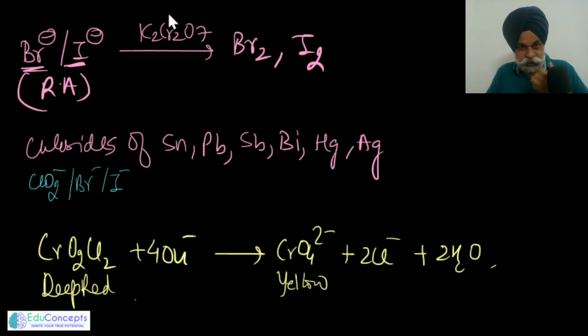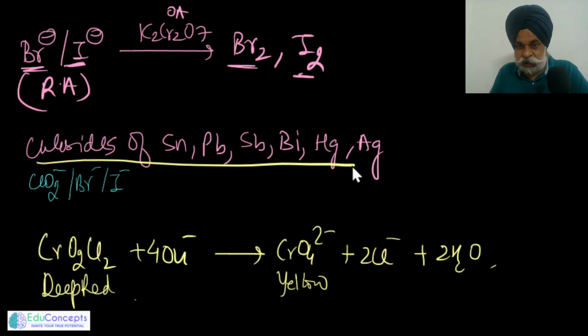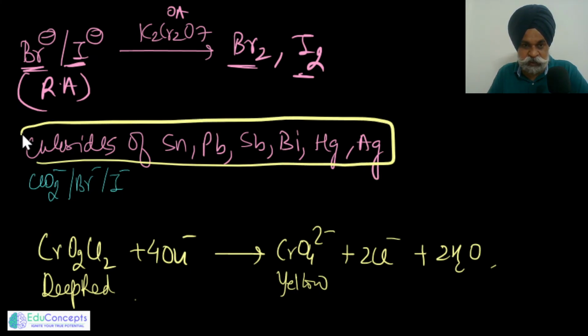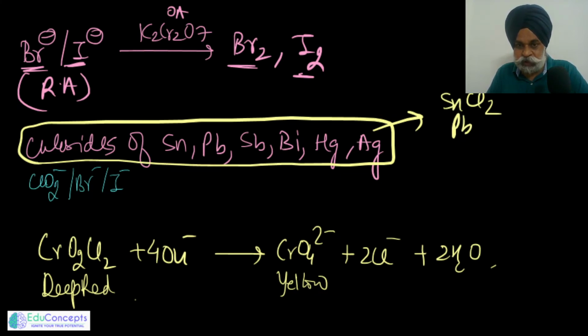So being a reducing agent and this is an oxidizing agent, it converts into bromine and iodine, so chromyl chloride is not being formed. Another thing: if the chloride is being given by tin, lead, antimony, mercury, all of these, I would say SnCl2, PbCl2, HgCl2, AgCl, would these give you the chromyl chloride test or not?